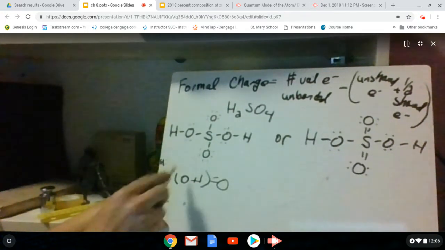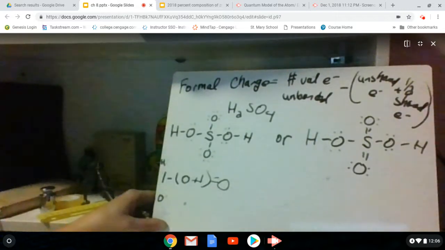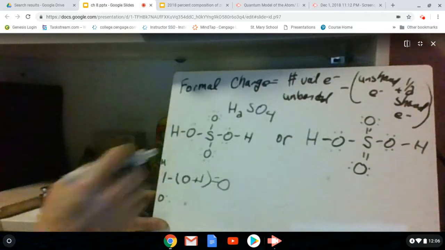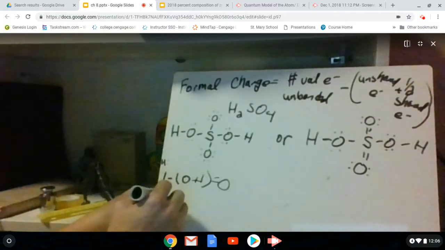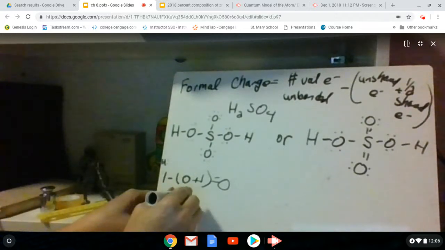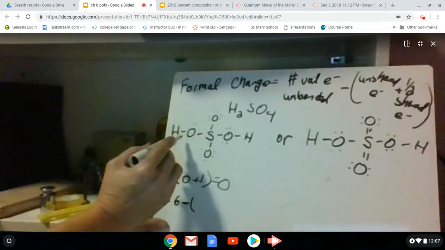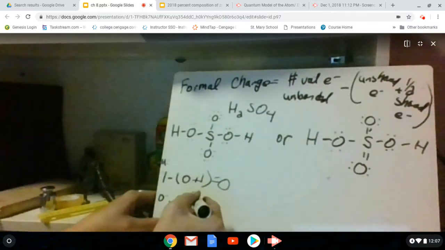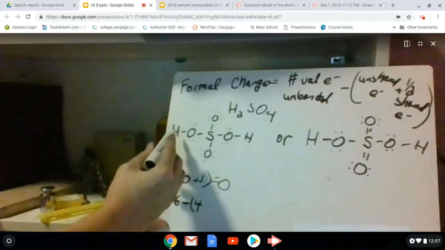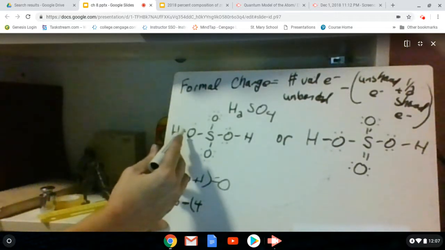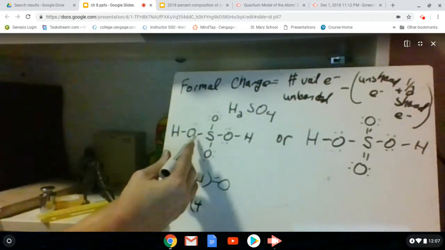Now the oxygen, we're going to deal with this oxygen. It has 6 valence electrons when it's unbonded. Now the number of unshared electrons: 1, 2, 3, 4. Those are not shared. Those are the lone pairs. And you want half of the shared. So it's sharing 4, which is 2.